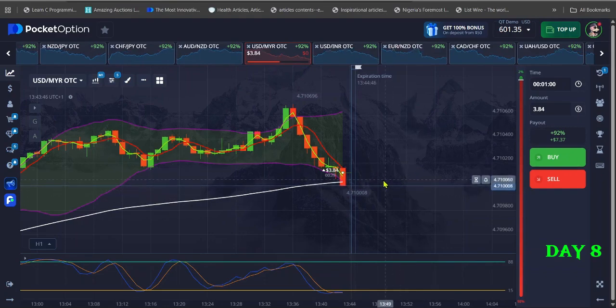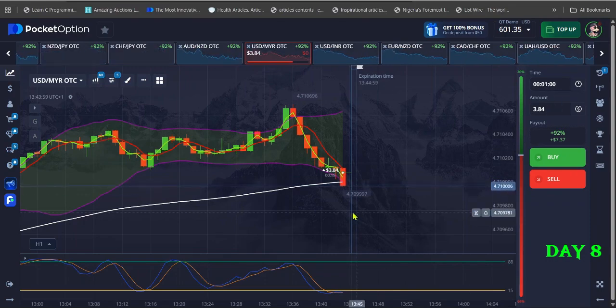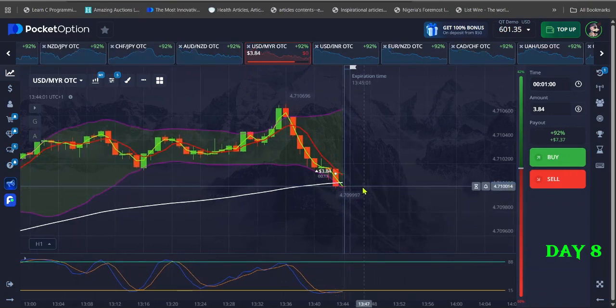Another thing I want you to understand is this: you can have a good setup, but your trade expiry time could lead to you losing. This can be a valid setup, but because I've set my trade to expire in 1 minute, that could cause me to lose the trade, even if the price ends up going in my favor.